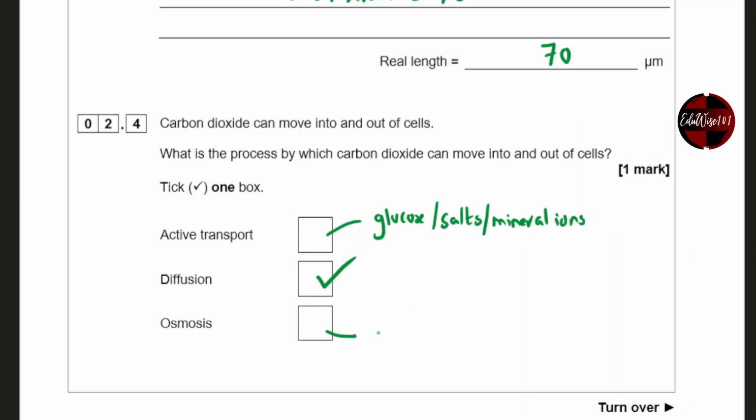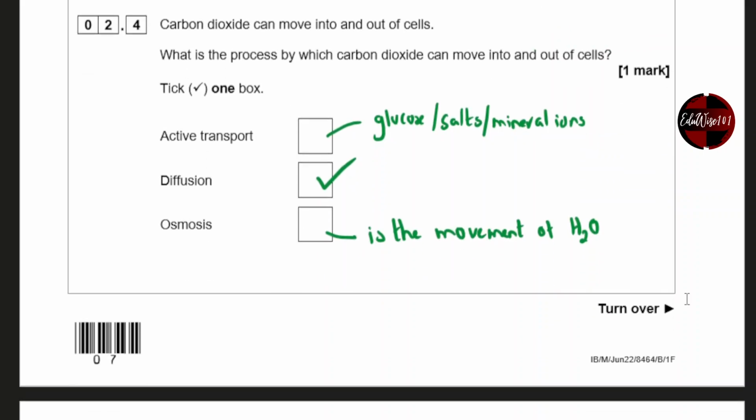Osmosis is the movement of water from dilute to concentrated solutions.